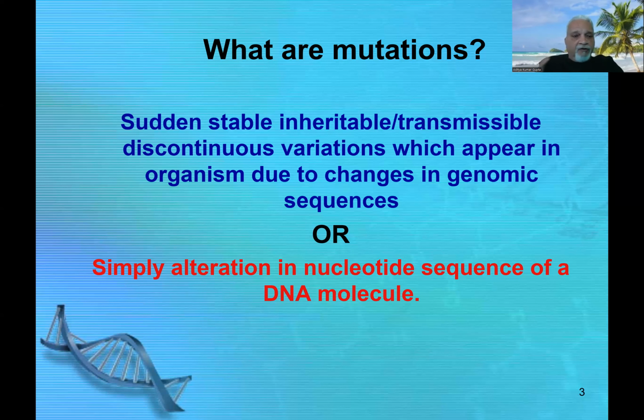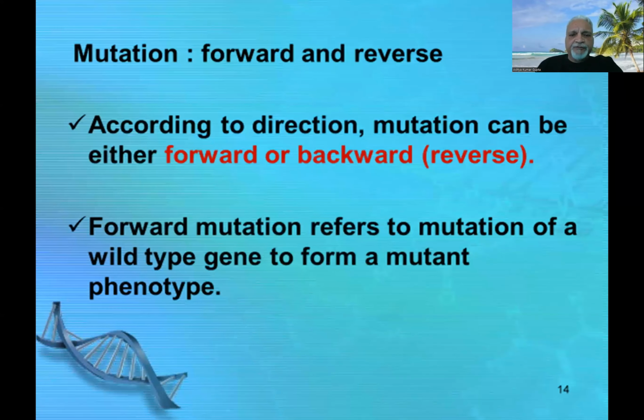Okay, fine. If we agree to this definition, then the question is, how many types of mutations are there? Okay, so there are many ways by which this event has been classified. One such basis is the direction. Now, what do I mean by direction? See, you have a population, we call it a wild type population.